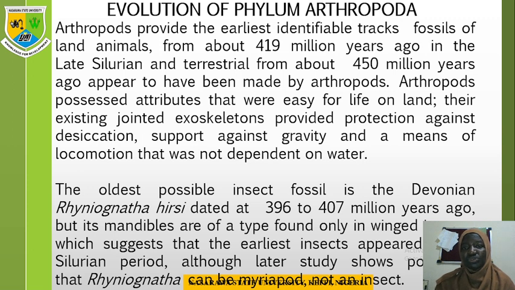They possess attributes that were easily adaptable for life on land. The existing jointed appendages provided protection against desiccation, support against gravity, and means of locomotion that was not dependent on water.